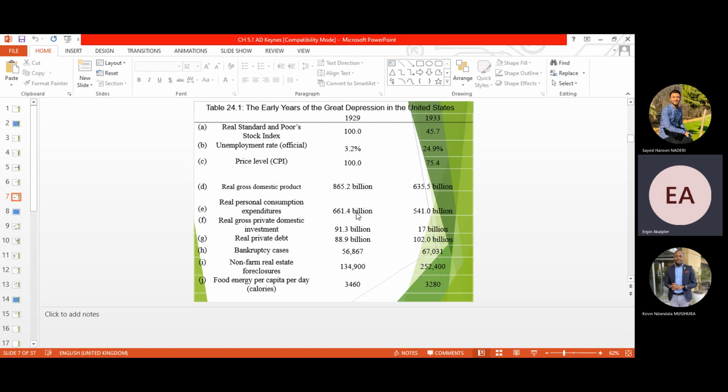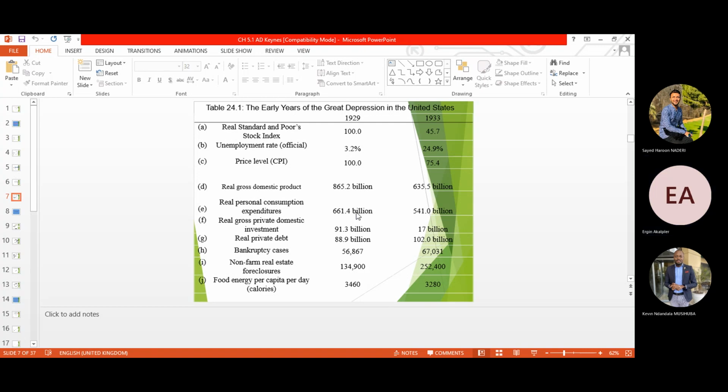The consumption, because of this supply side, is also affected and changed. And when the consumption reduced, you are observing difficulties in the economy. The investment similarly reduced, as you are observing, from 1929 to 1933 in such a short period of time.